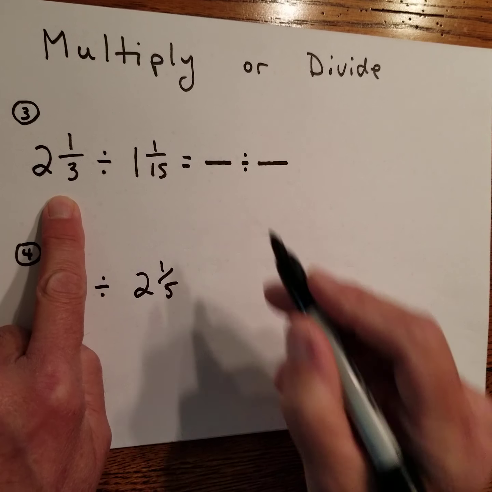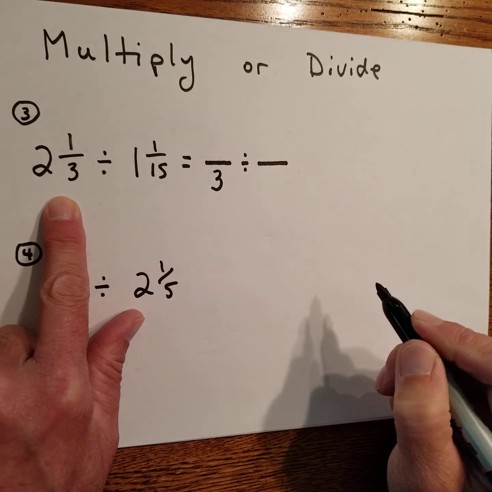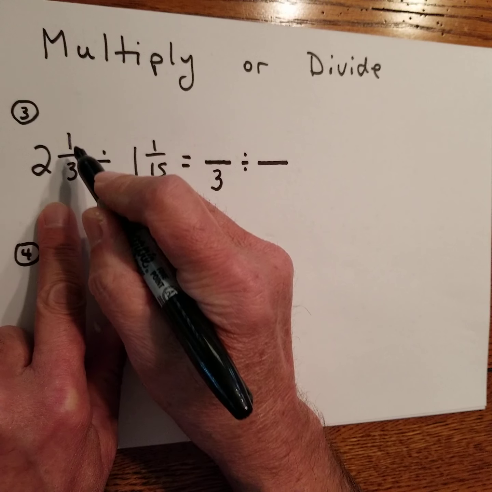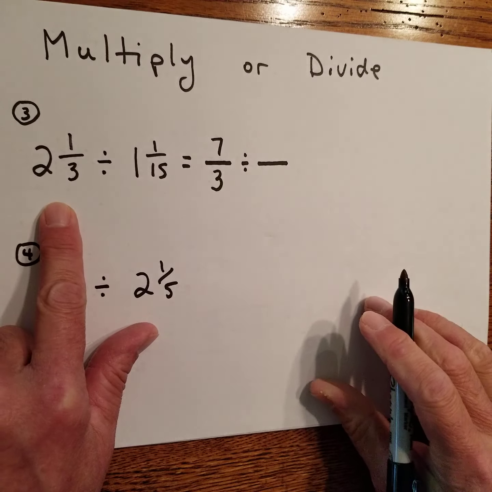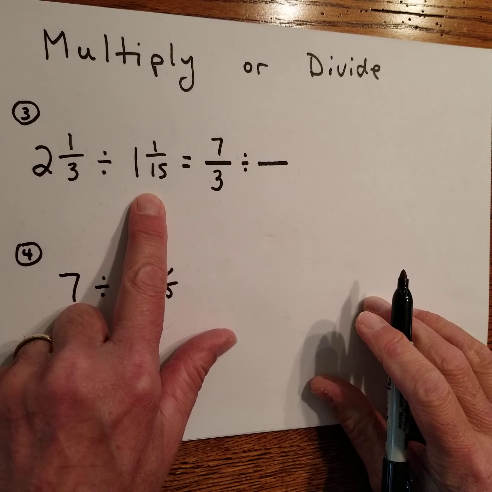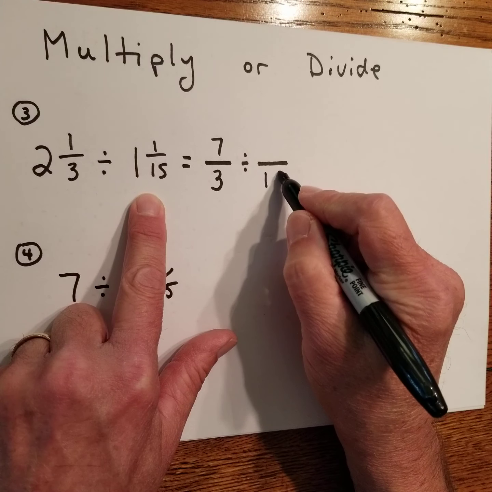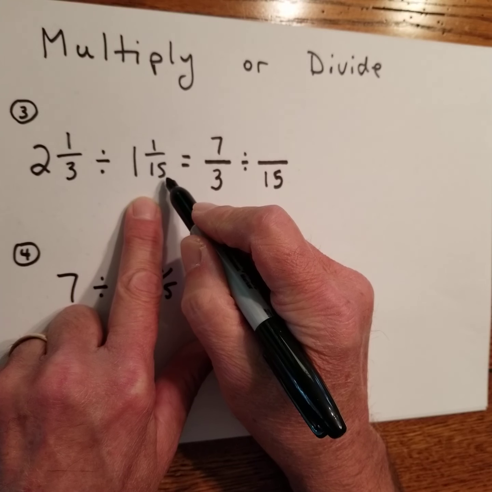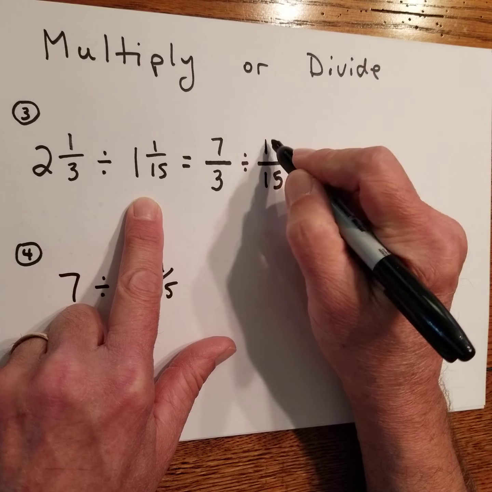For the first fraction, copy the denominator. The numerator, 2 times 3 plus 1. Let's do the same thing with the second fraction. Copy the denominator. The numerator, 1 times 15 plus 1.